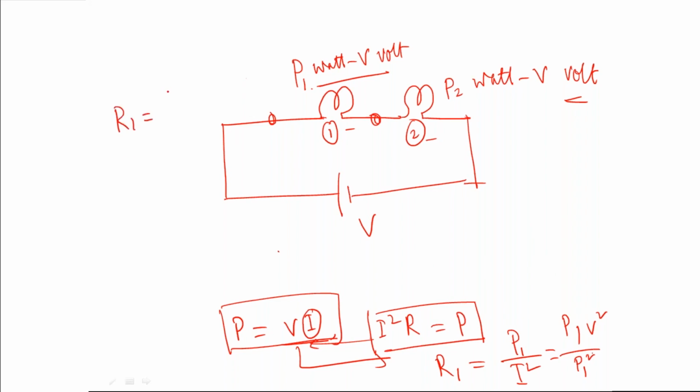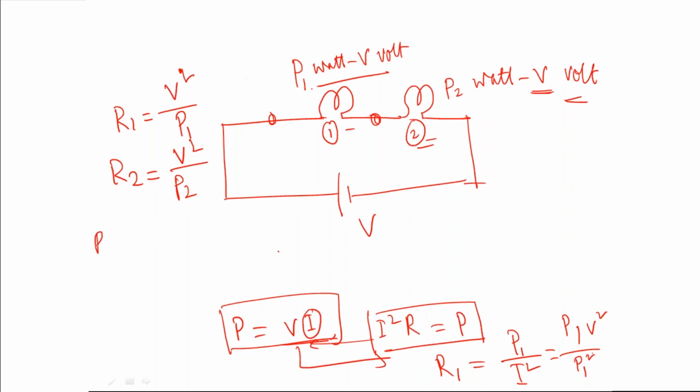So you get R1 is equal to V square by P1. Similarly for the second bulb, R2 is V square by P2, because the voltage rating is the same.